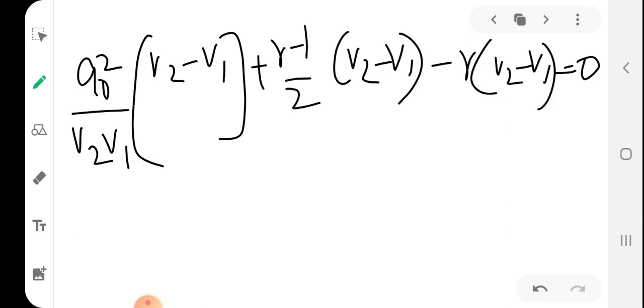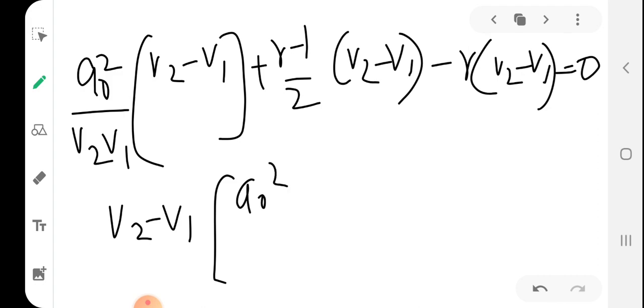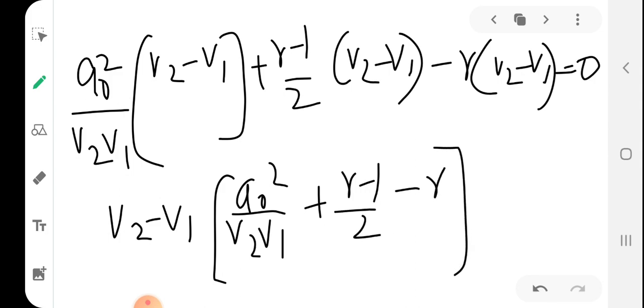So V2 minus V1 is common in all the terms. You can write V2 minus V1 as common, and inside the bracket: A0 square by V1 V2 plus (gamma minus 1) by 2 minus gamma is equal to 0.